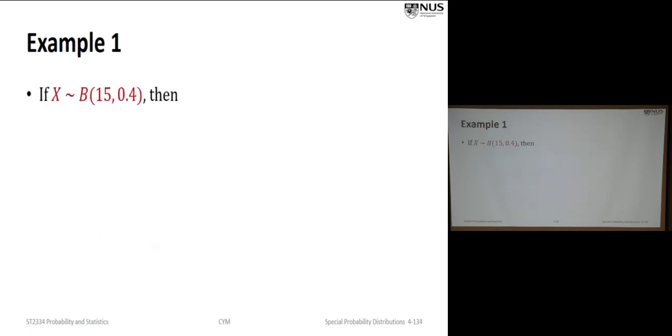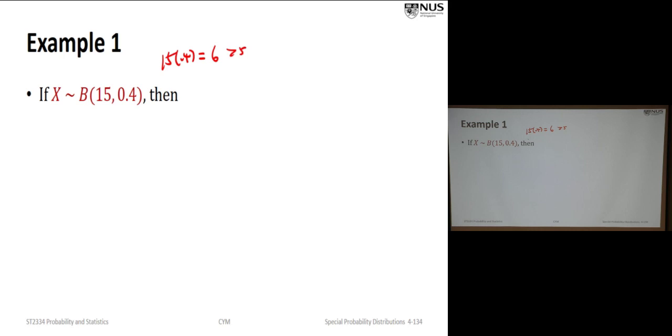Okay, so here is an example. I have X following a binomial with n equal to 15 and probability 0.4. So I multiply the two, and this is equal to 6, which is bigger than 5.